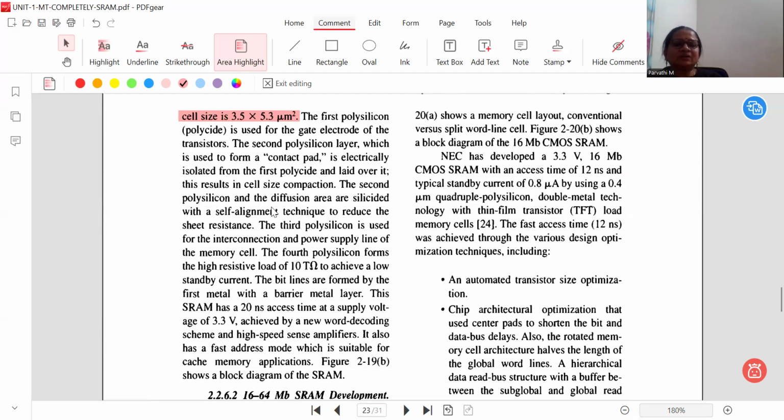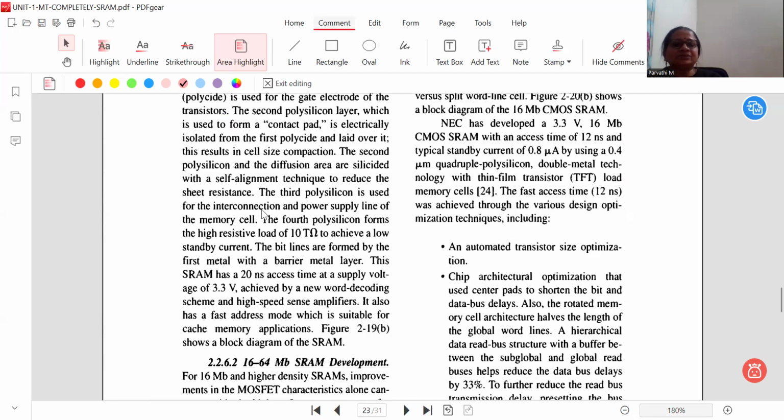Second polysilicon and the diffusion area are silicided with a self-alignment technique, so as to reduce the sheet resistance. So this is one process advancement, like second poly and first poly. Second poly and the diffusion are self-aligned using the self-aligned technique that we already saw in one of the sessions: gate is layered first, then diffusion and source are layered.